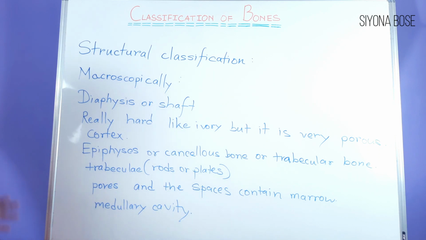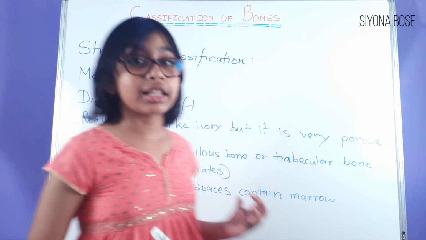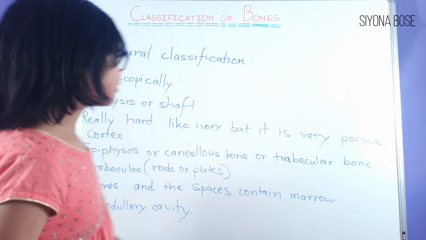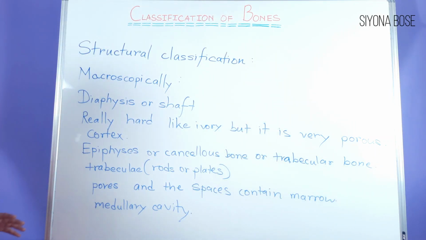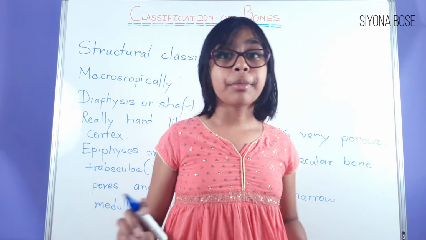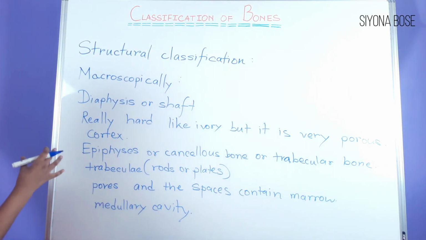So we can have a short revision of whatever we have done till now. Macroscopically, seeing the diaphysis or the shaft, it is a really hard structure, like ivory, but it's very porous. And its strength is at the cortex part.